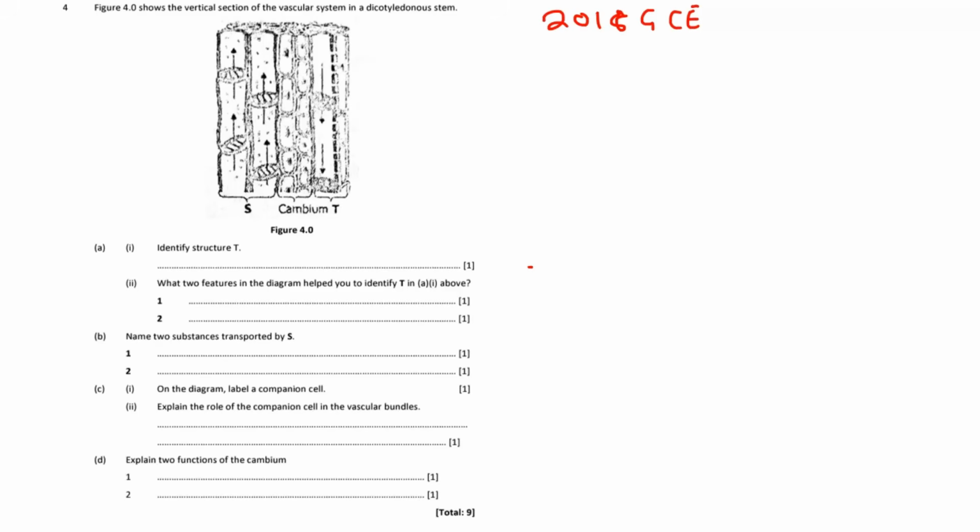Now, let us look at the question. Figure 4.1 shows the vertical section of the vascular system in a dicotyledonous plant stem. So this is also a dicot, and we are told it's a stem. The key thing is that the vascular system is made up of xylem vessels and, of course, phloem vessels.